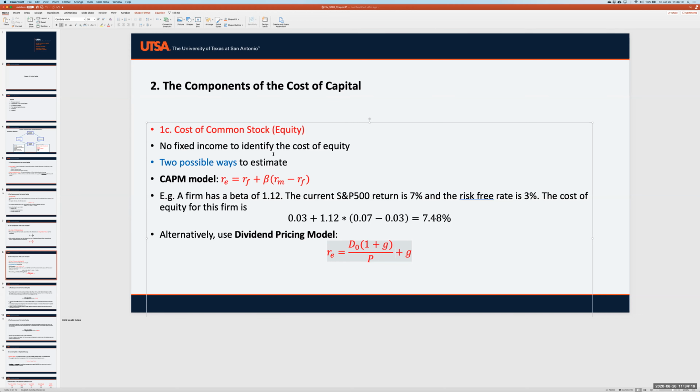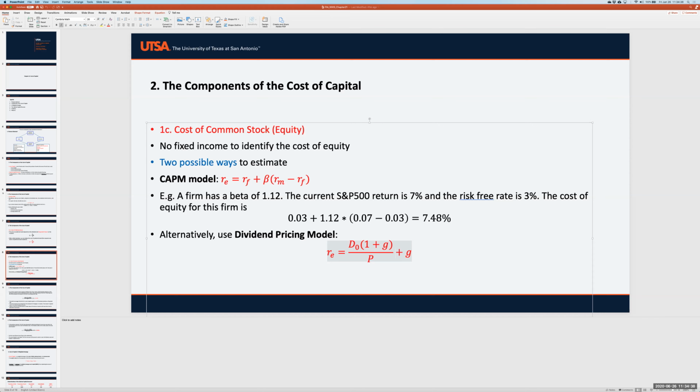You can use the capital asset pricing model, which equals risk-free rate plus beta of the common stock times market return minus risk-free rate, right? And you will find the cost of common stock.